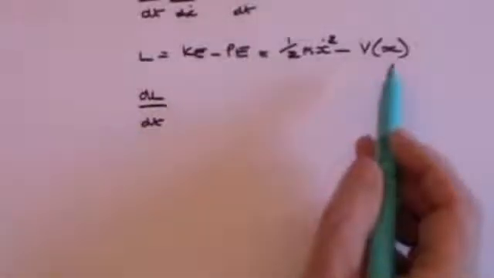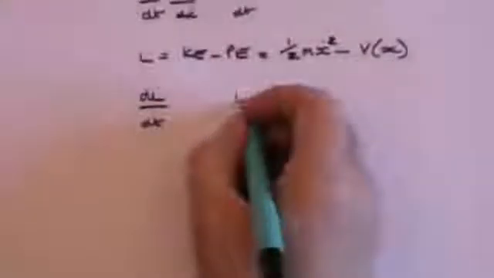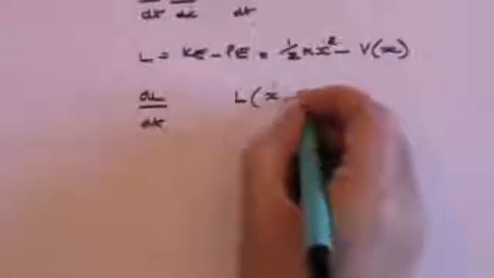Now, how do you differentiate a term like this with respect to time? Well, the Lagrangian itself is a function of x dot and x. We've already said that before. It's a function of velocity because it's got kinetic energy in it, and it's a function of distance because it's got potential energy in it.